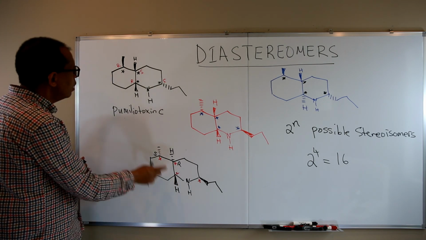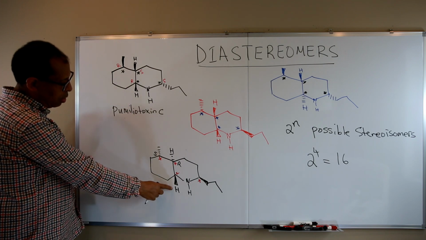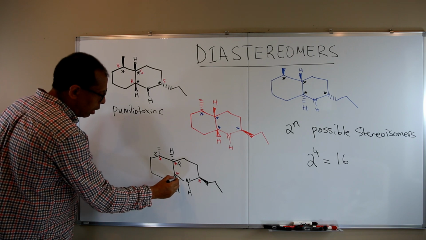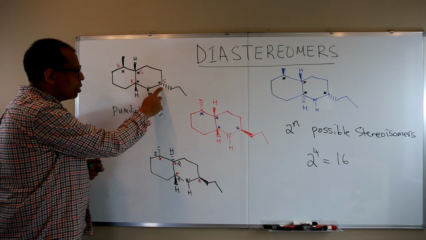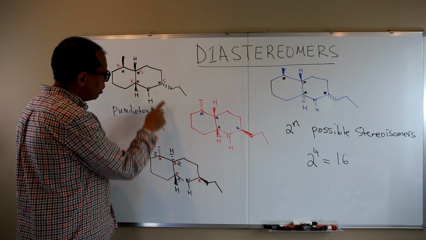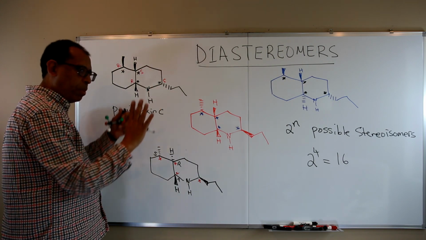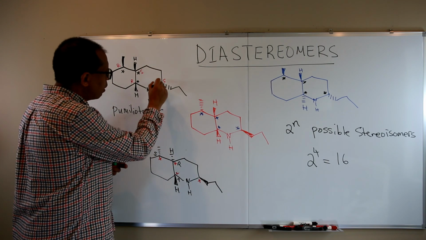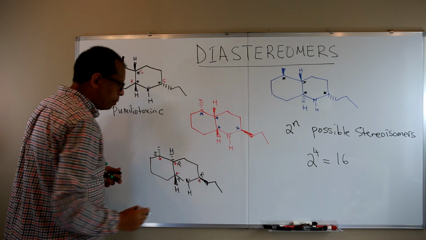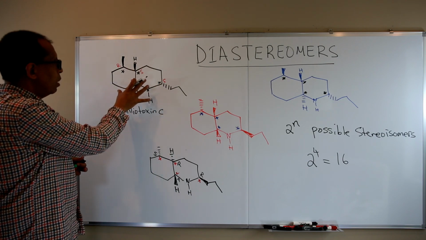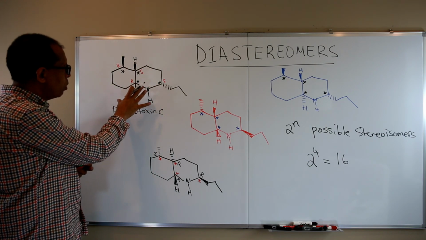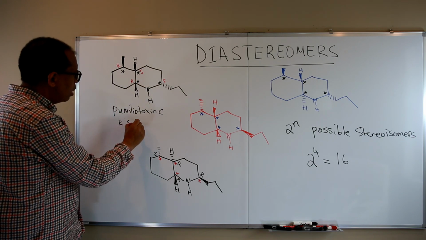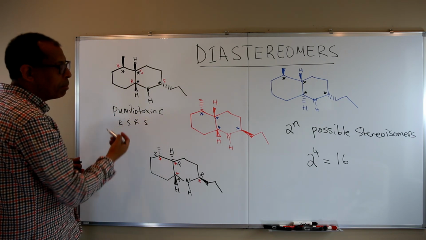For this hydrogen, it is the same orientation as this hydrogen. Everything is the same, therefore it remains as R. And for this one, this is down into the plane of the board, this is out of the plane of the board, therefore this would be an R. So at least this diastereomer is R, S, R, S. This is one possibility.